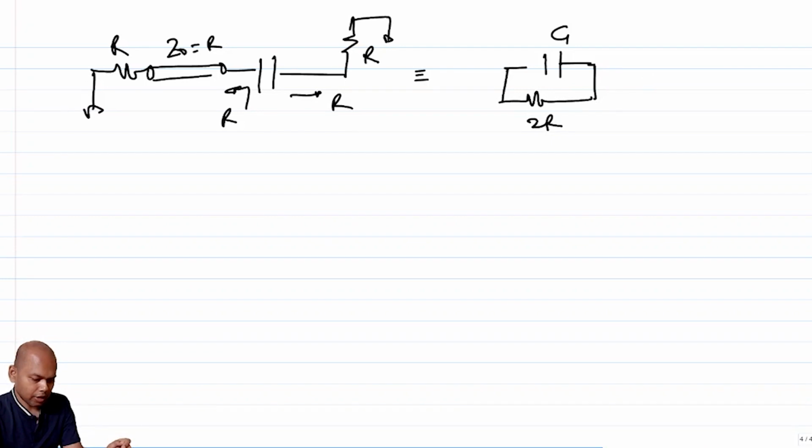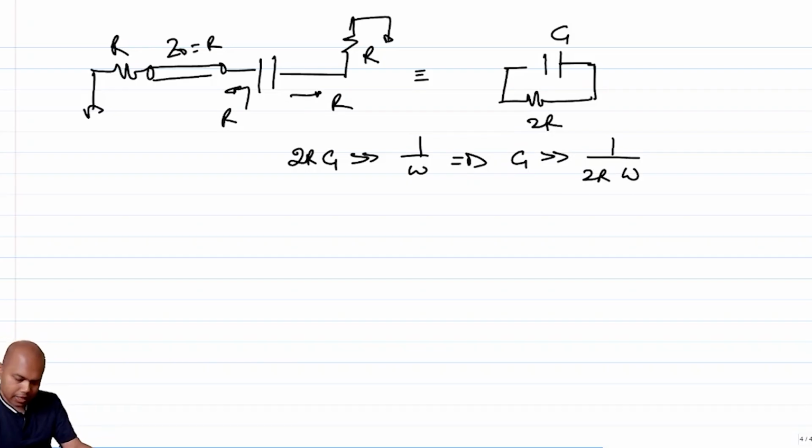So the time constant is 2R times C. So I have to choose the value of the capacitor such that 2R times C1 is much greater than 1 over omega, where omega is the frequency of interest, which essentially means that C1 should be much greater than 1 by 2R times omega. Okay, fine.